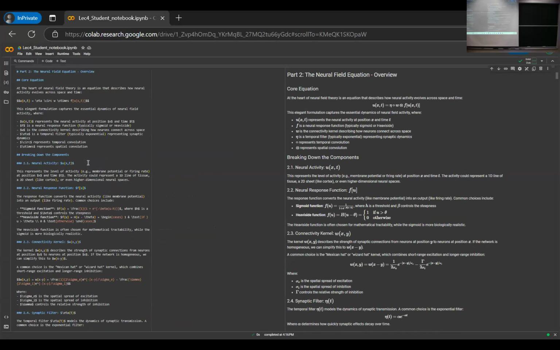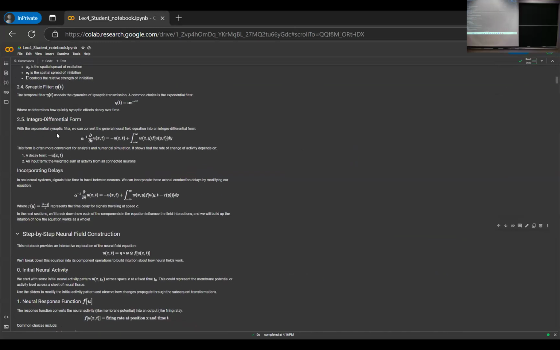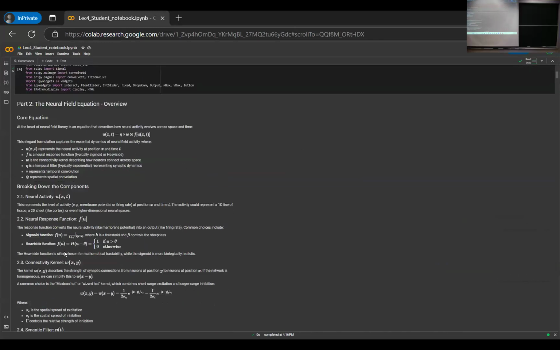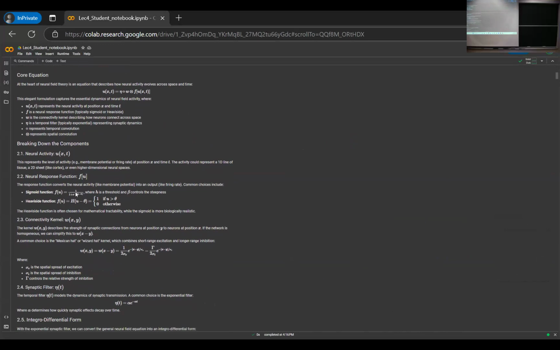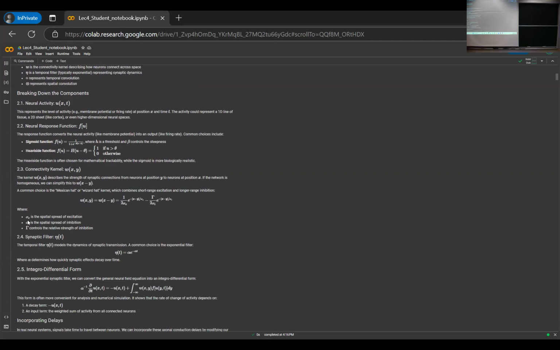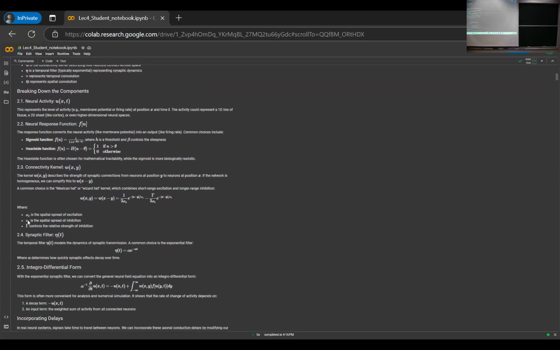It's kind of the same idea here, and then over here, we can have it in two forms, either a sigmoid or a Heaviside function. And I know I'm brushing over these, but I'll come back to this, and we can explore what they actually mean. And then we have a connectivity kernel. So the connectivity kernel here is what's actually adding a lot of the spatial dynamics, specifically the center-surround inhibition that John was talking about in the lecture.